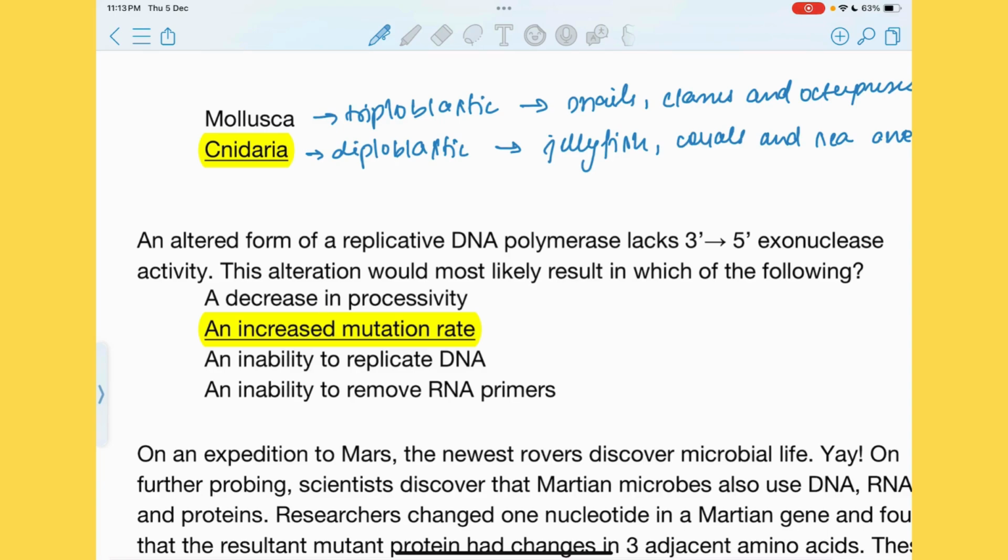Remember, the lacking of the 3' to 5' exonuclease activity will alter all of the 4 processes mentioned, but most importantly it will cause the increased mutation rate, because this is a proofreading activity. So option number 2.